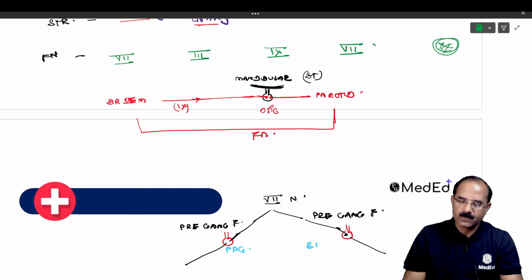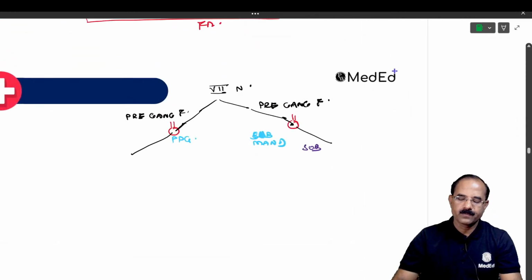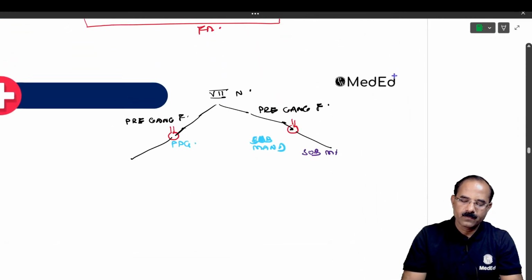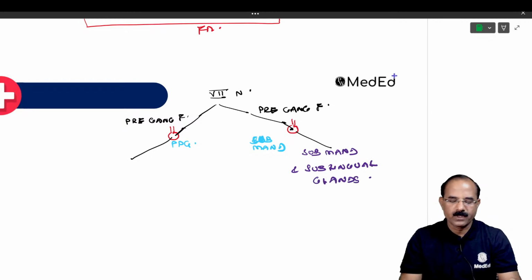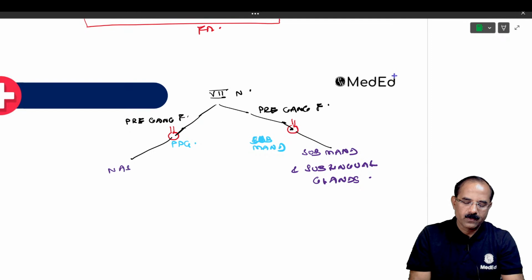ये कौन है? Submandibular ganglion. So what will this supply? The submandibular and sublingual glands. What is this going to supply?